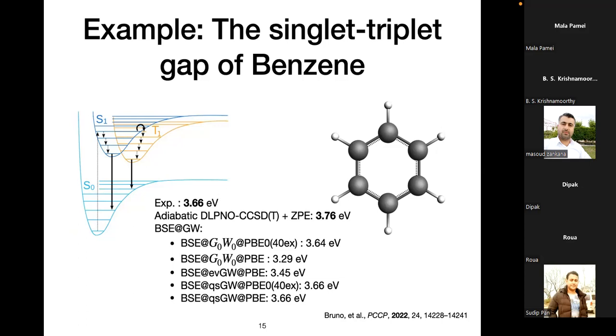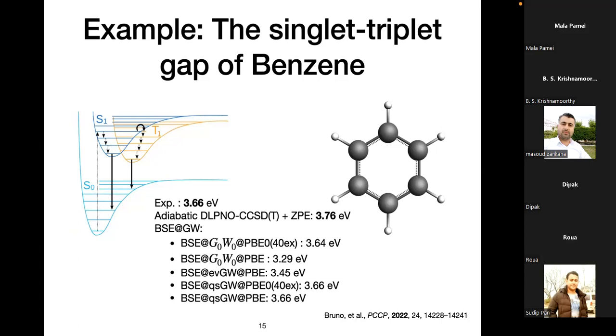And now all these BSE and GW calculations. So 3.64 with G0W0 based on PBE0, 40% exact exchange, which is great. Much worse result when you start from PBE, you're away by 0.4 eV. Eigenvalue only self-consistency improves it again. And quasi-particle self-consistent GW much better.